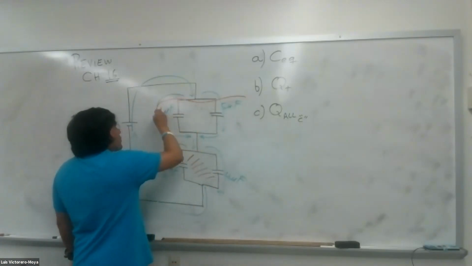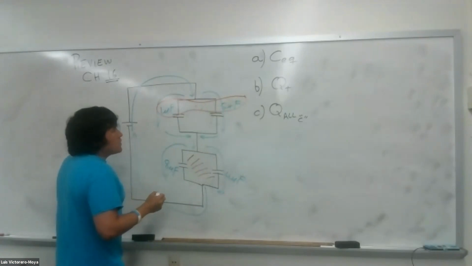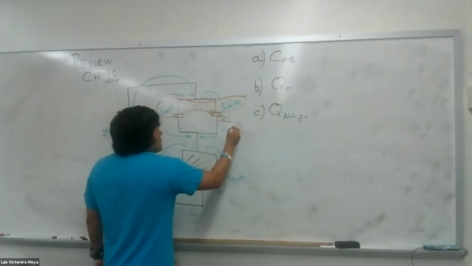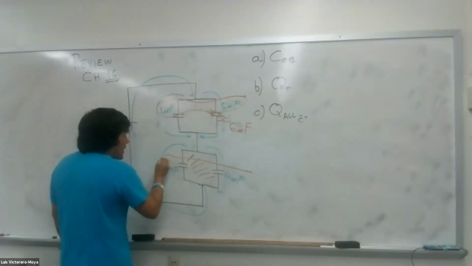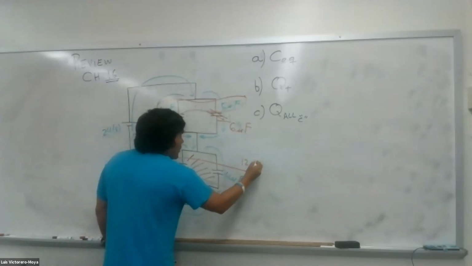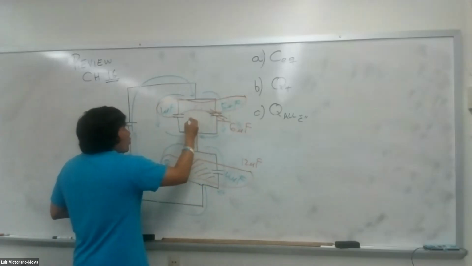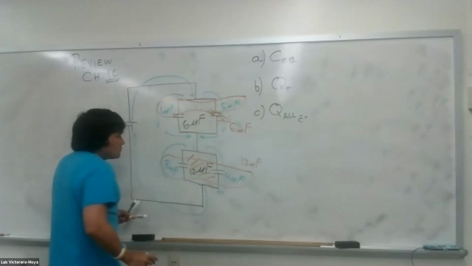Parallel capacitors, please don't forget. These are capacitors, not resistors. So we join them by adding 6 microfarad, 4 and 8. They join by adding 12 microfarads. So we can write here, this whole loop is 6 micros, and this is 12 microfarads.